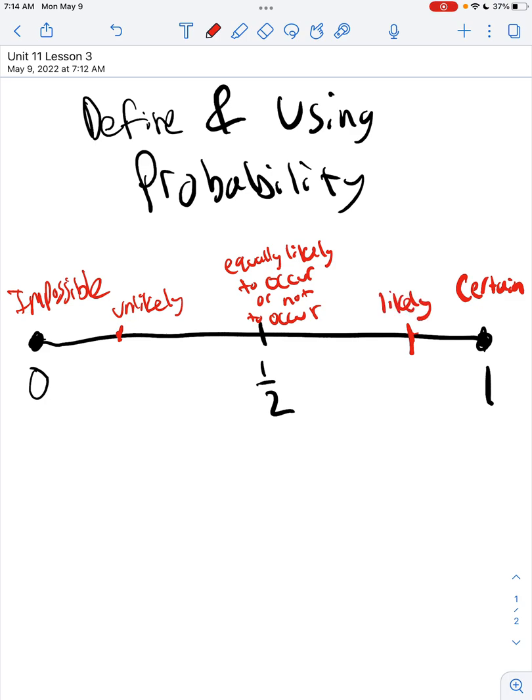likely to occur. So one word that we use is theoretical probability, which is basically what you expect to happen.